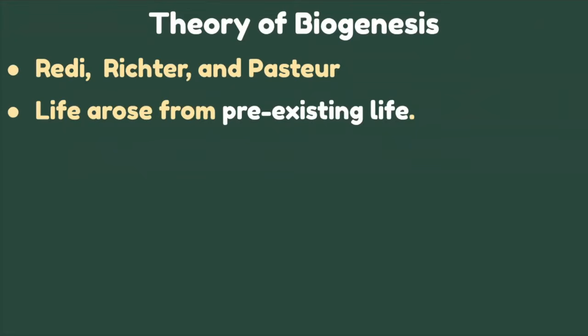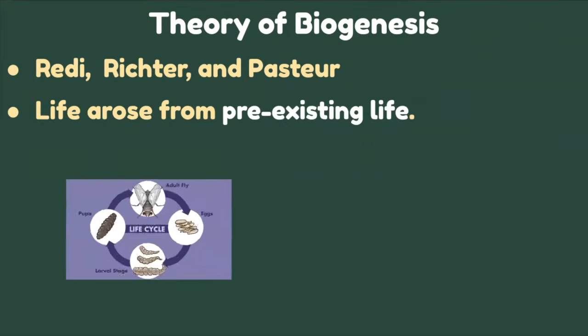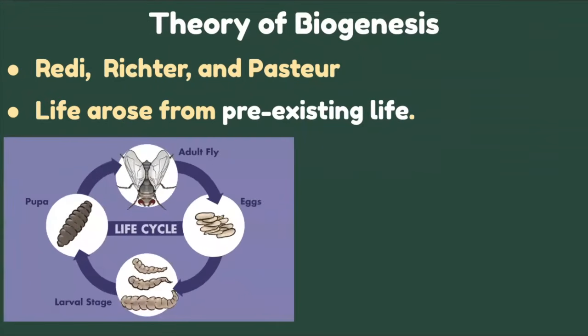Redi practically proved that life never arose from non-living matter, right? Maggots will arise from decaying organic meat only if it contains eggs. If eggs are absent on such meat, maggots will never arise.